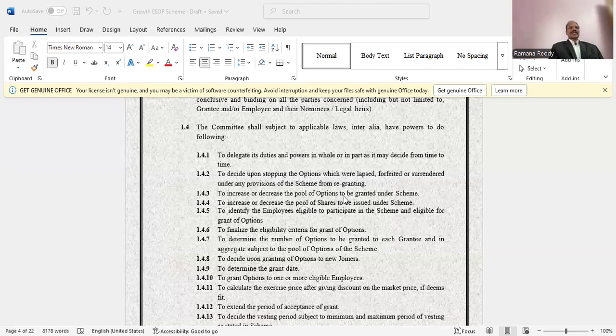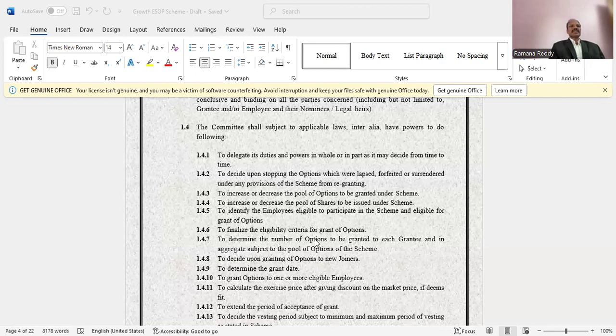To increase or decrease the pool of options to be granted under the scheme, the committee can take a decision. And to identify the eligible employees to participate in the scheme and be eligible for grant of options. So the eligibility of the employee will be decided by the committee.